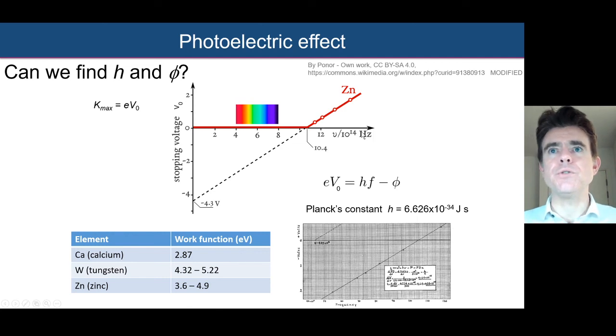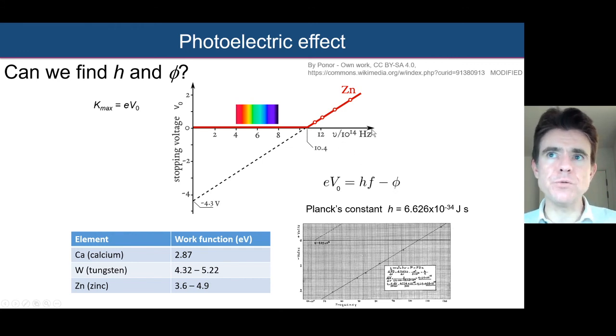So what you could do is just explore different frequencies of light. You could do that by using different color filters. If you've got some kind of white light, you can use different monochromatic filters to have particular colors of light coming through. That allows you to change the incident frequency, f, so that's on this x-axis here.